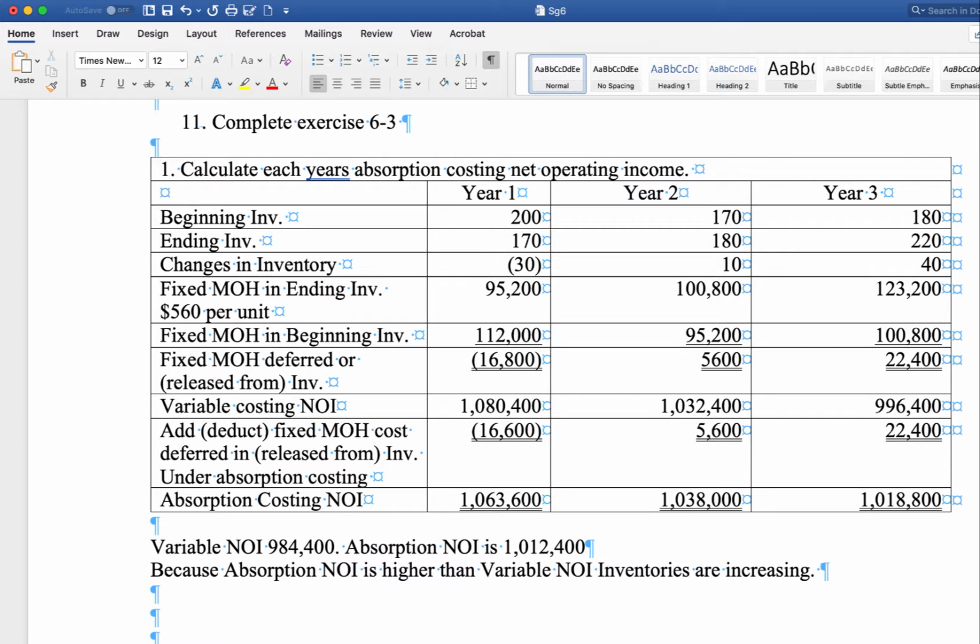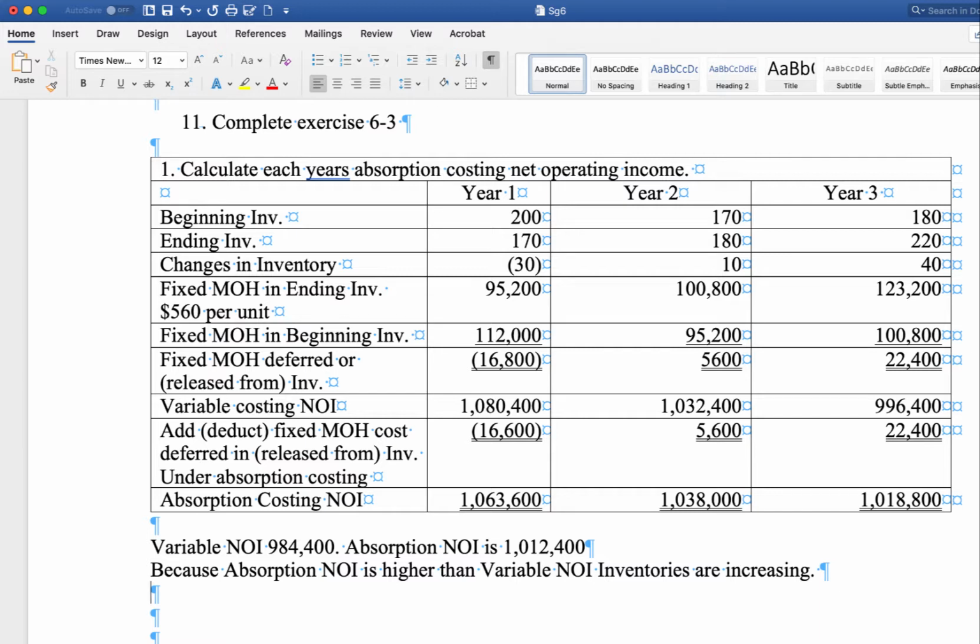Okay, have to. Now the second part of that wants to know how much fixed manufacturing overhead cost was deferred or released from inventory during year 4. Well, if we know that absorption costing is greater than variable costing, inventories go up.